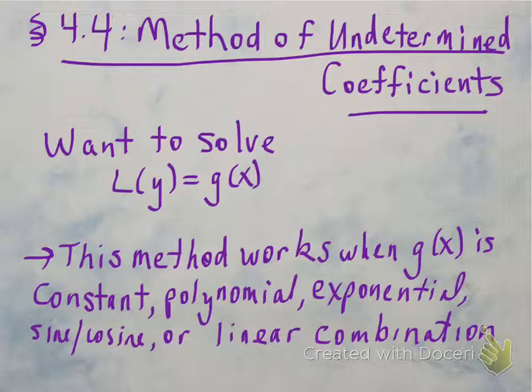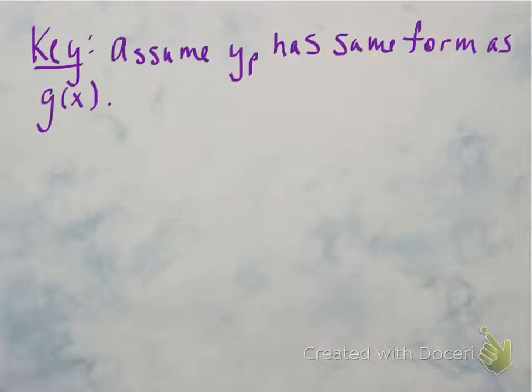If I take the derivative of an exponential, I get an exponential. If I take the derivative of cosine, I get sine, etc. We're going to see how this method works and why it's restricted to this class of functions. Here's the key: we're going to assume that our particular solution has the same form as g of x.